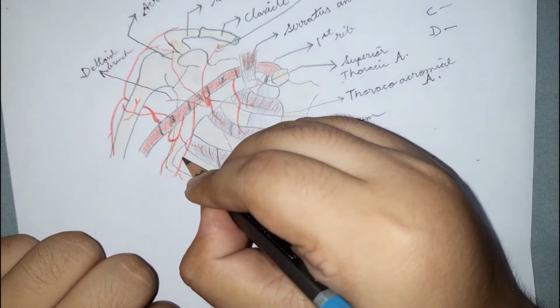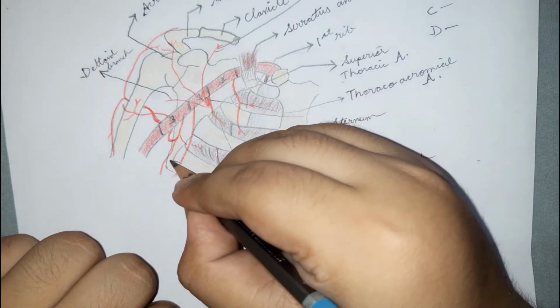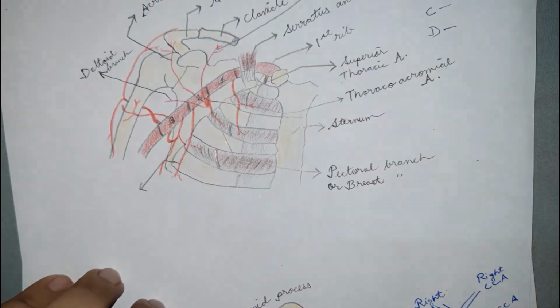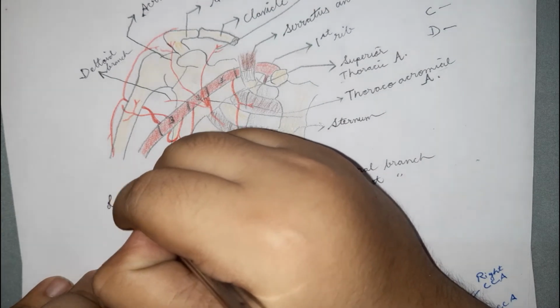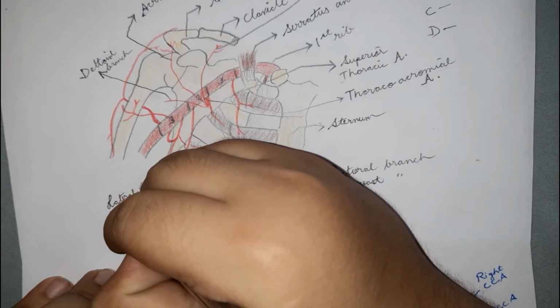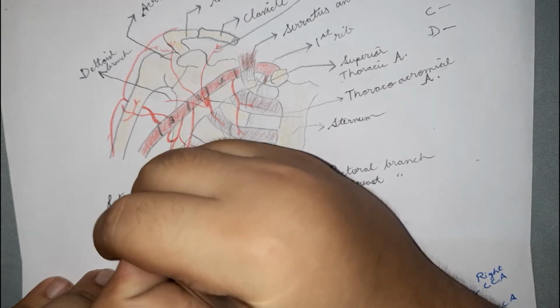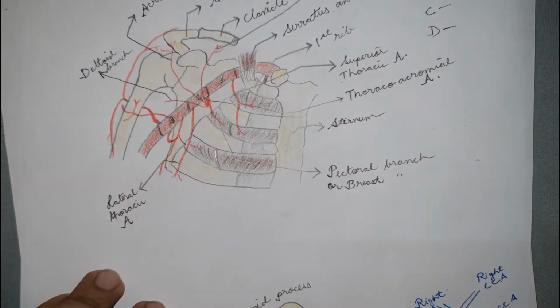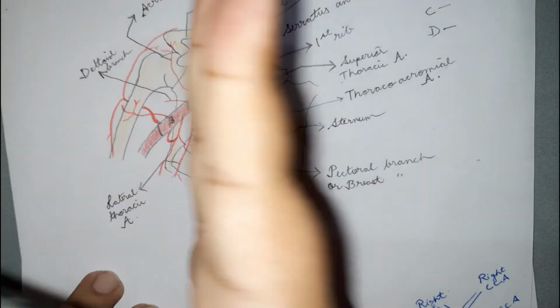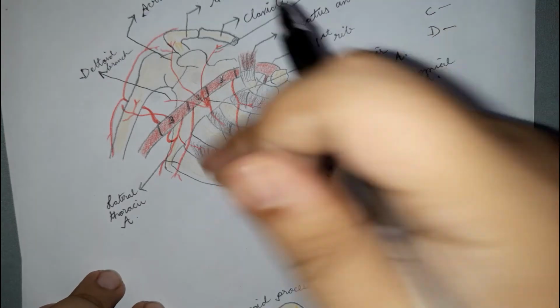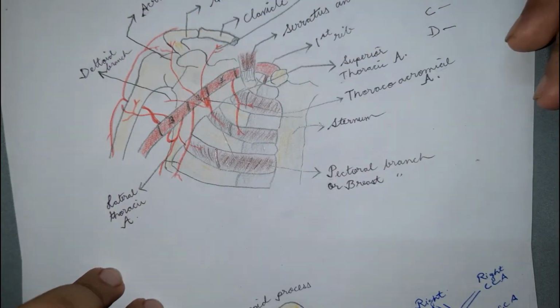This second part branch is known as the lateral thoracic artery. It is going downwards, and since it is lateral, this is the medial side and this is the lateral side, so lateral thoracic artery.